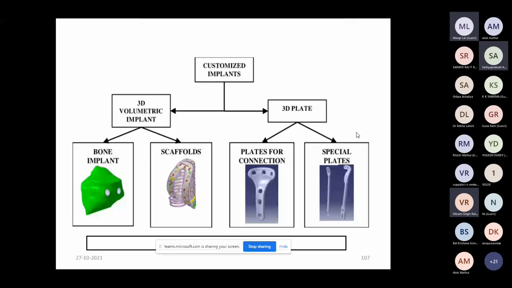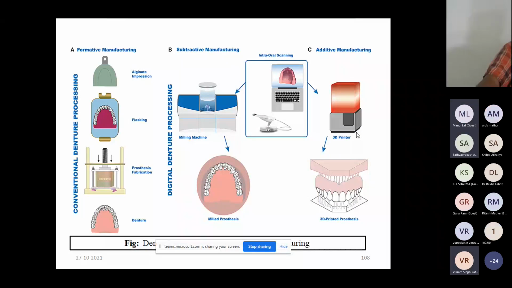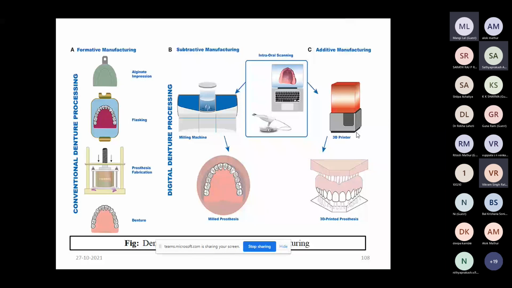If we compare dental restoration in the form of conventional denture processing, it means formative manufacturing. First of all, obviously, if you ever go to the dentist for your RCT, you can experience this phenomenon of taking the impression and then the fabrication of your prosthesis, the denture.